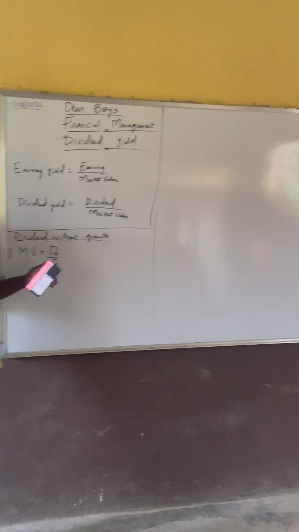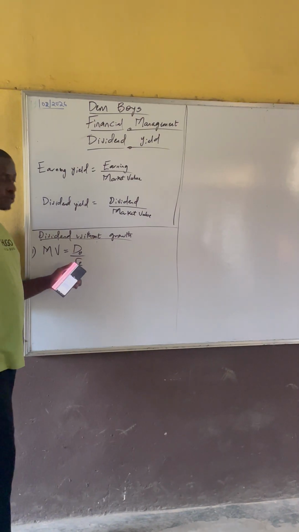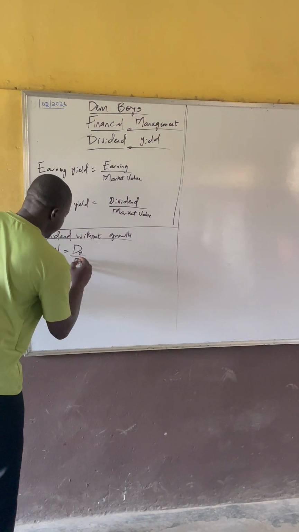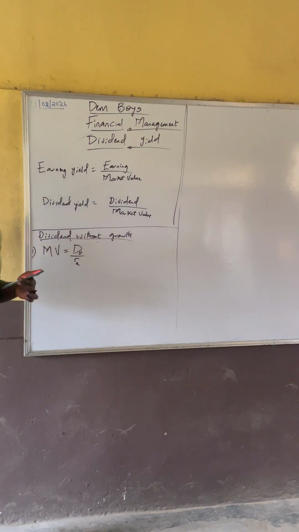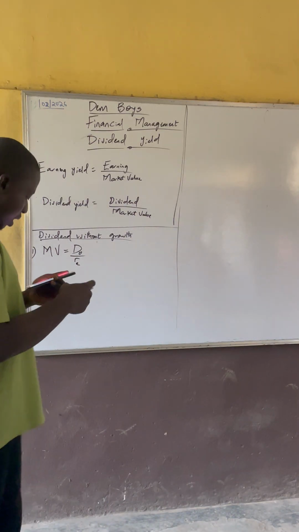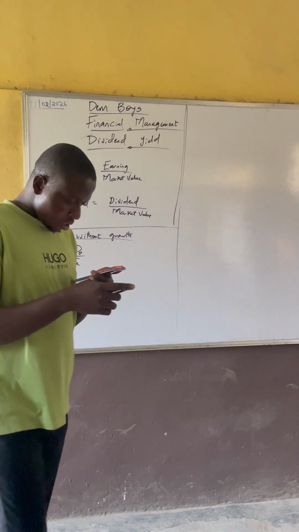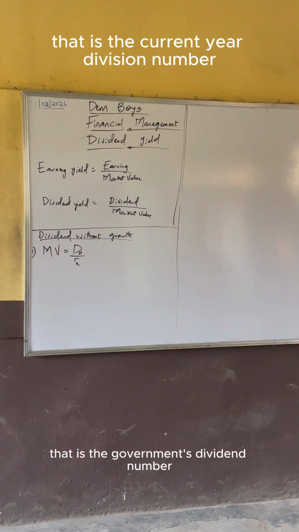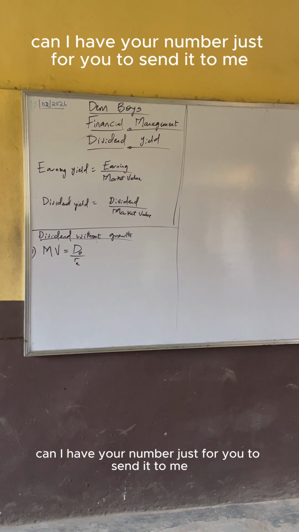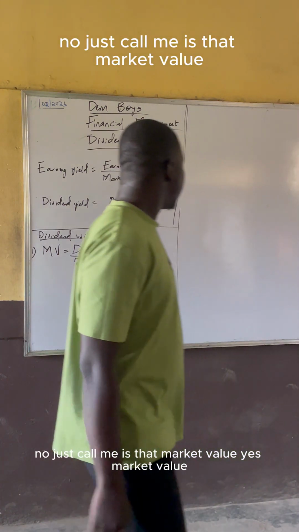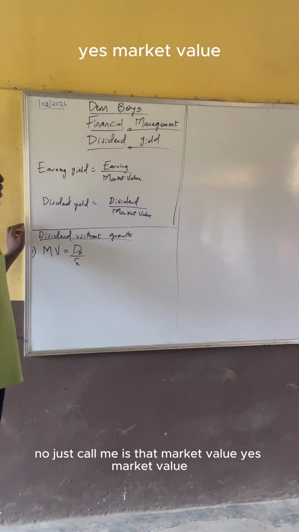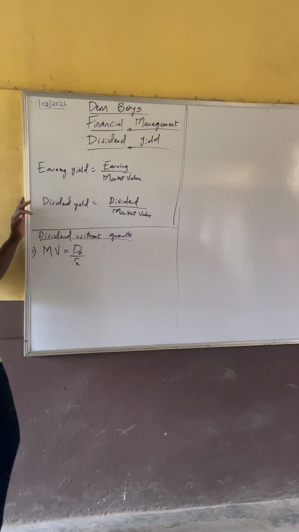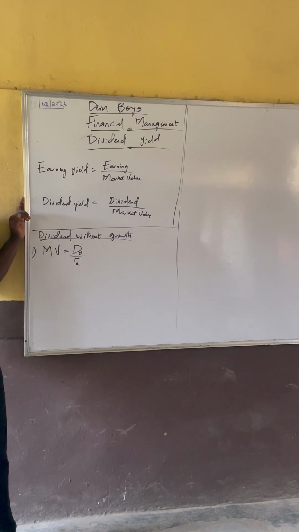Now, we are going to treat the question under this topic. That dividend is the current year dividend over the cost of equity, which gives the market value.